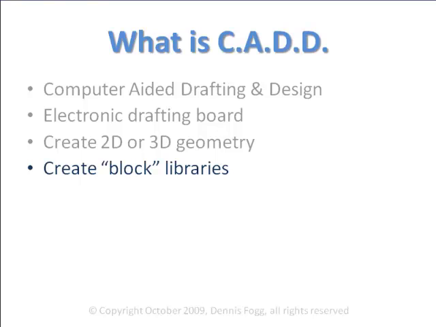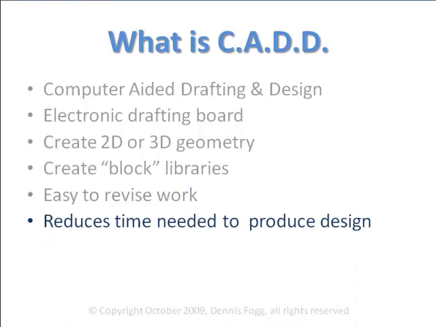And as you might guess, the electronic drawings are much easier to revise and modify, which is another primary reason to move to CAD. As block libraries are developed, the user is freed from the demands of drafting and is given more time to devote to design. The downside of moving to CAD is the steep learning curve.